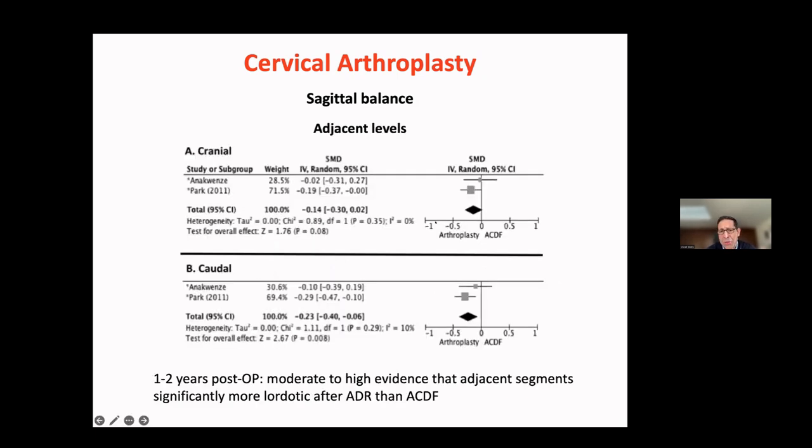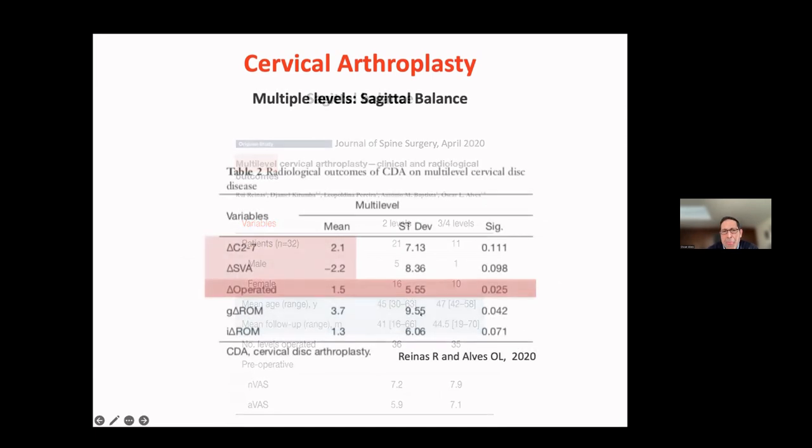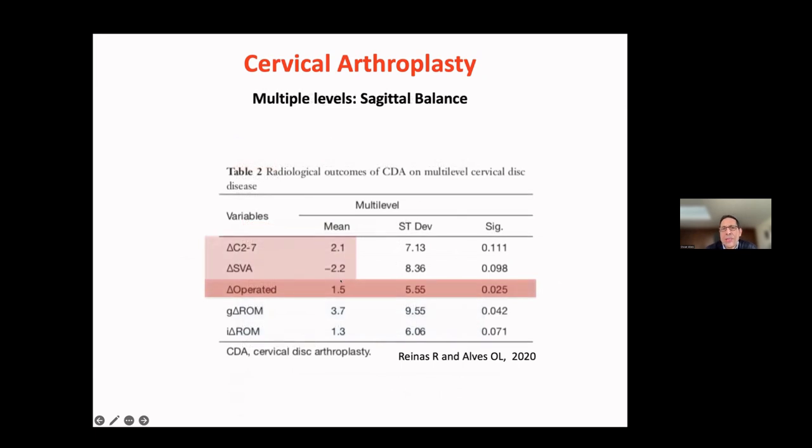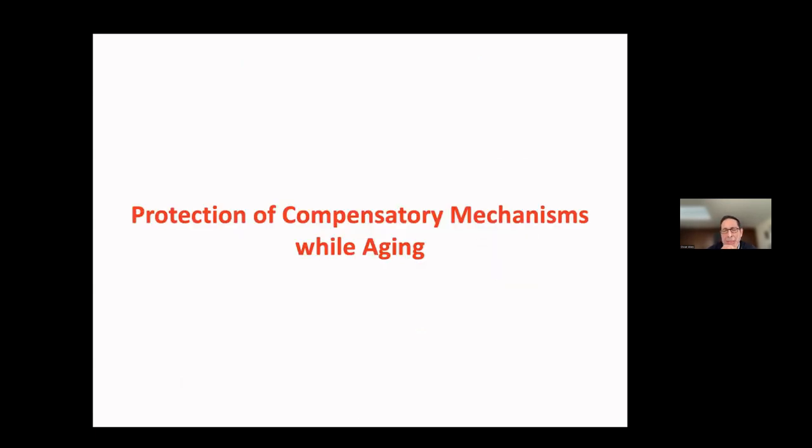This meta-analysis also shows a protective effect on adjacent levels in reconstruction of sagittal balance. We demonstrated that in our paper published in 2020 with multi-level patients with quite interesting follow-up. There was a good sagittal balance in the operated level and in global level, and it doesn't matter if you do 2 versus 3 and 4 levels. The difference is not relevant. You have the same performance of the disc prosthesis.